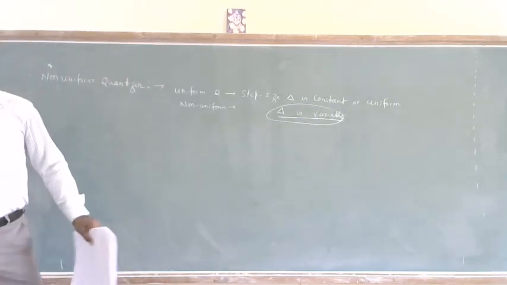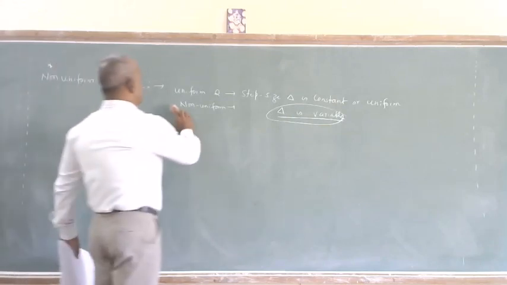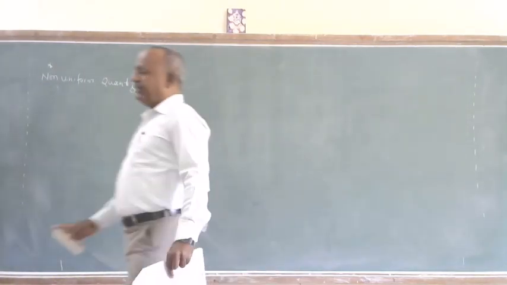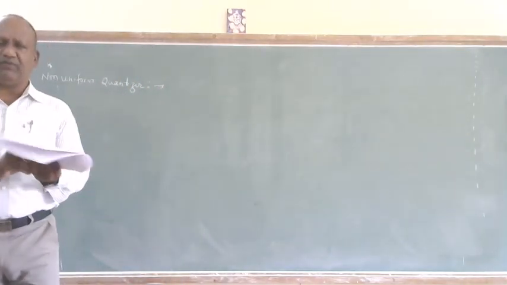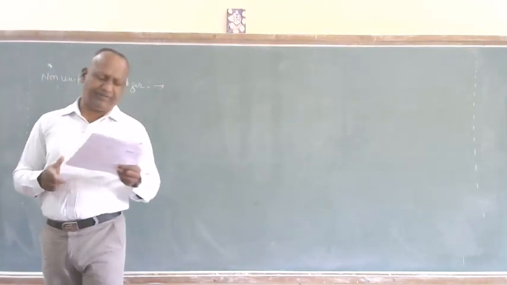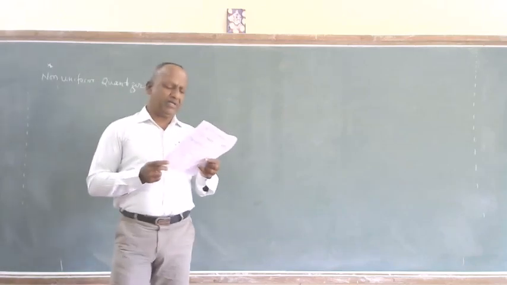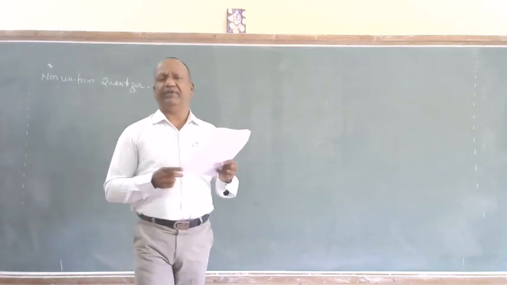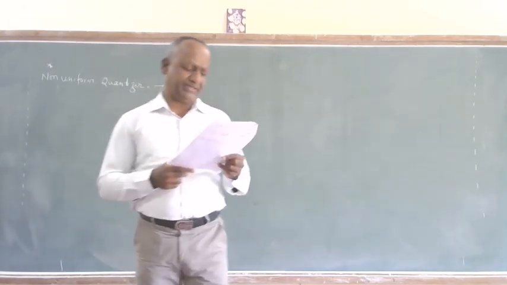Okay, after understanding the definition of a non-uniform quantizer, next we move to where we use it, under what condition we prefer it. In certain applications it is preferable to use a variable delta. Variable delta means non-uniform quantizer.